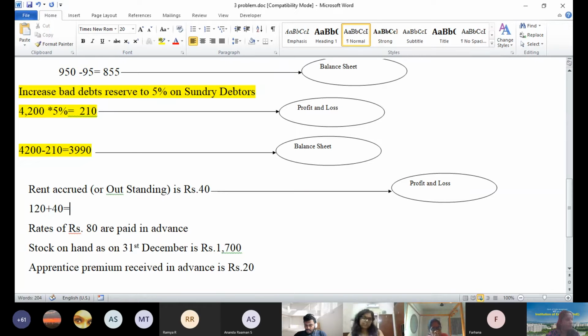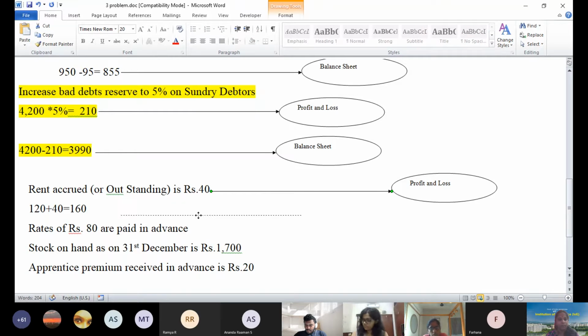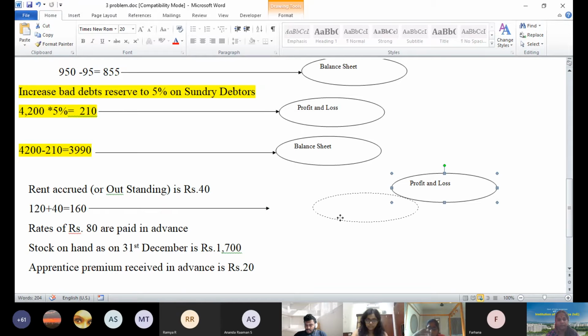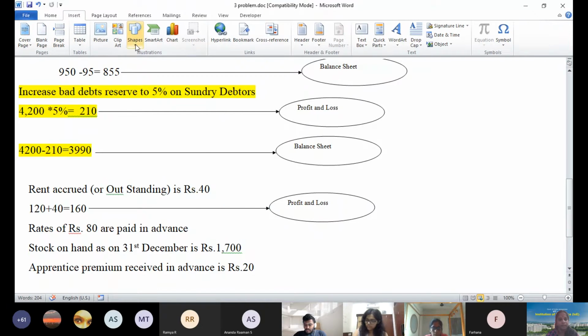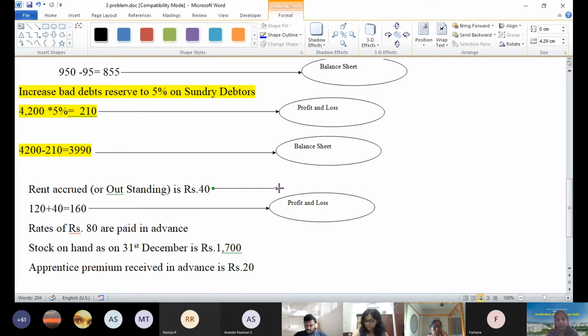How much is it? 120 plus 40? 160, ma'am. 160. Yeah. So this will be there in your P&L account. This 40, what will you do with this 40? This 40 will go straight away to the balance sheet. Only 40 will go. I'm again telling you, only 40 will go in your balance sheet.